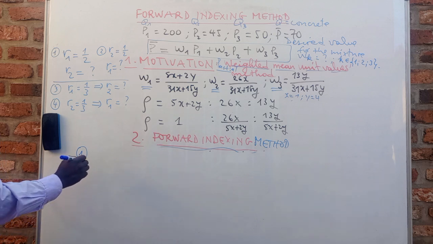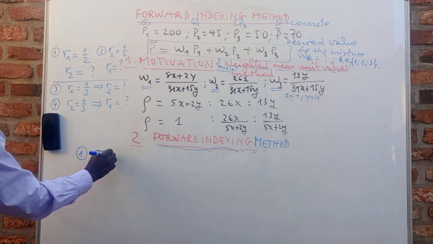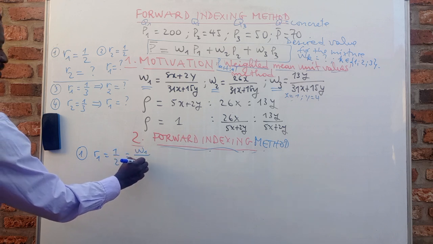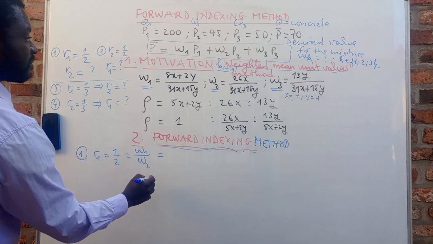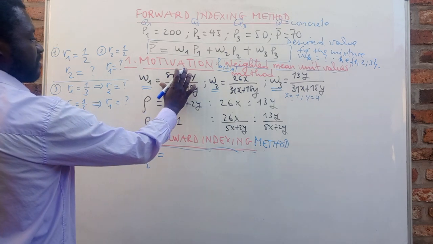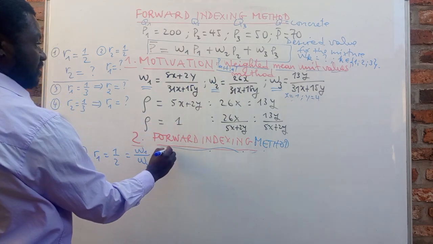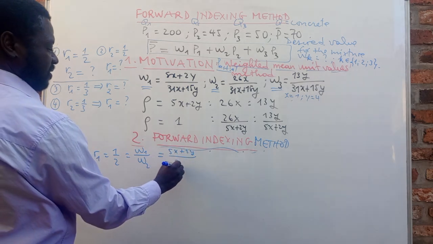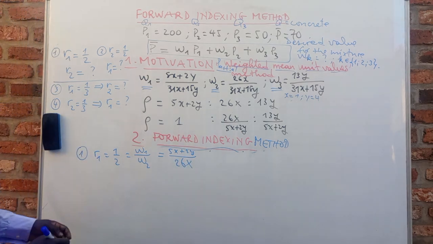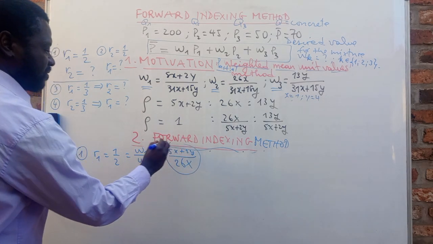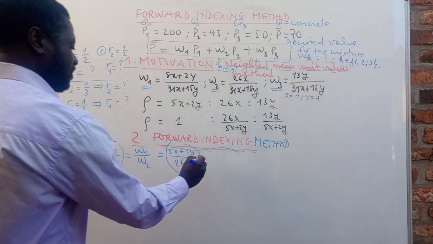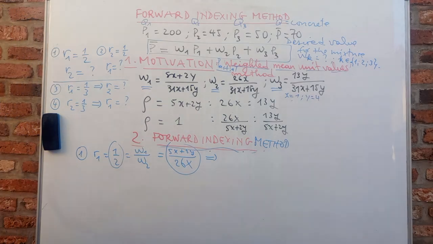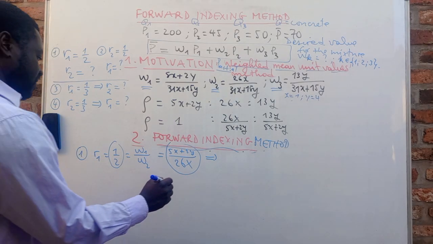Now, if R1 equals a half, this means omega 1 over omega 2. If we take this one and divide by this, we get (5x + 2y) over 26x. Now, this is equal to a half. We can solve this equation for the value of x or the value of y.